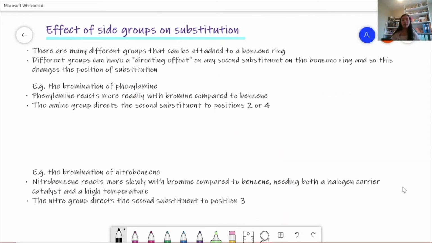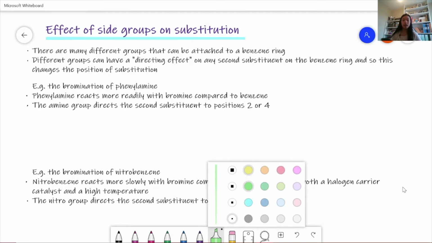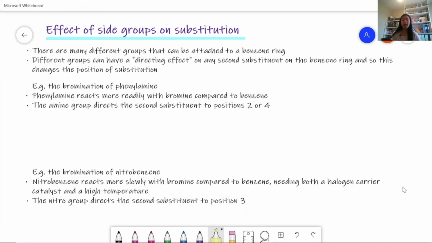Now we're going to talk about the effect of side groups on substitution. There are many different groups that can be attached to a benzene ring, and different groups can have a directing effect on any second substituent on the benzene ring. The important thing to know is that it can change the position of substitution.